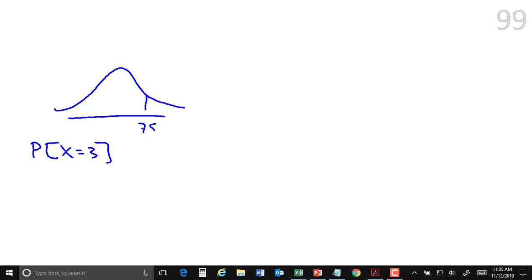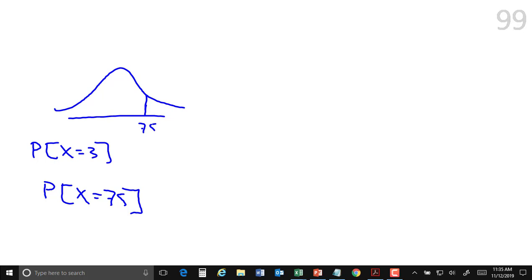Well, that's a problem for continuous, because if I ask you what is the probability that the random variable x takes on 75 only, how much area is under the curve under only 75? I'm asking exactly 75. I didn't say less than or equal to 75.